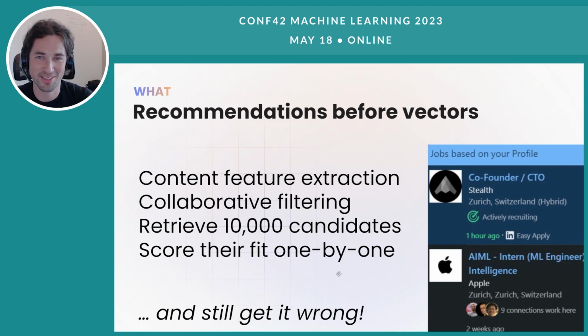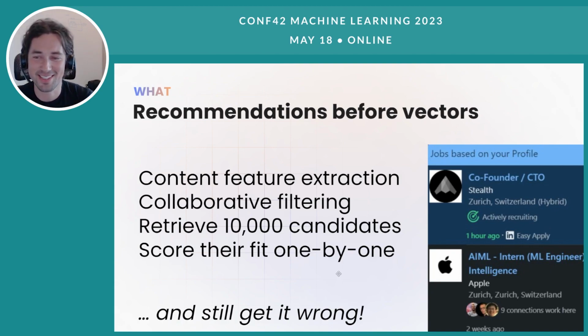Now, how is this looking on the recommendation side of the problem? Because search and recommendations are very much linked, right? This is kind of two sides of the same coin. So I'm sure you have been to LinkedIn and you have seen your job recommendations, and this is a screenshot of mine, and they're particularly funny.